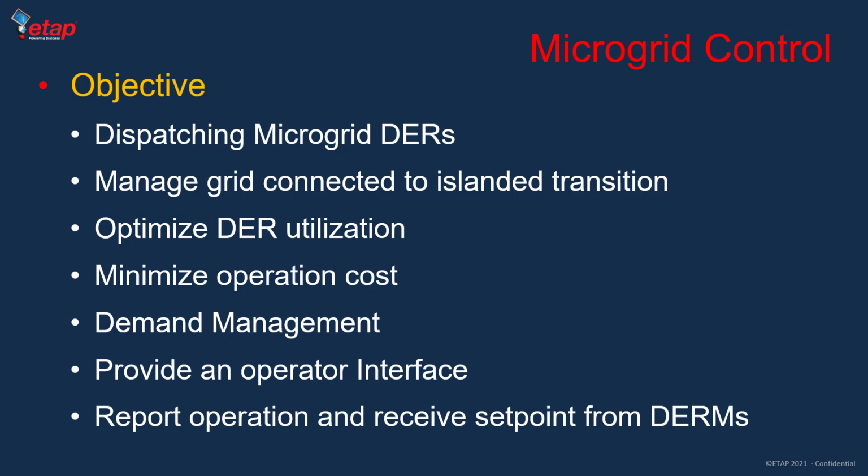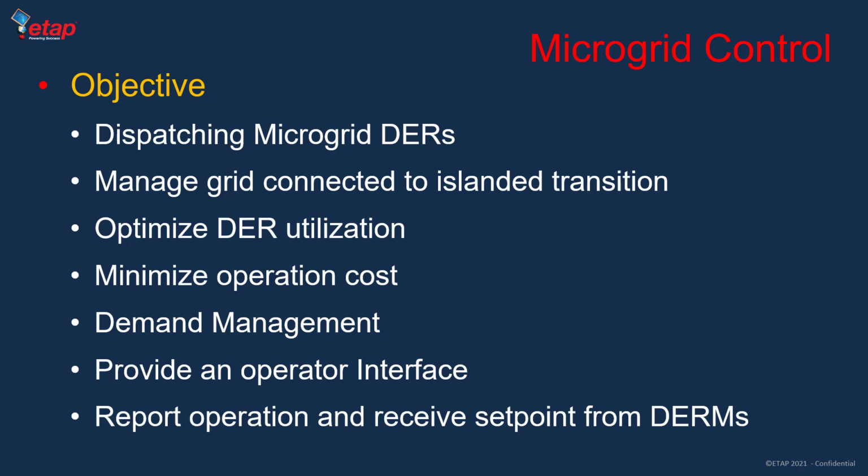Another objective is to optimize the distributed energy resource utilization. That means that you want to use as much renewables as possible in the microgrid. You want to minimize operation costs, so it needs to have an understanding of the cost of generation, different types of generation, and energy costs from the utility.